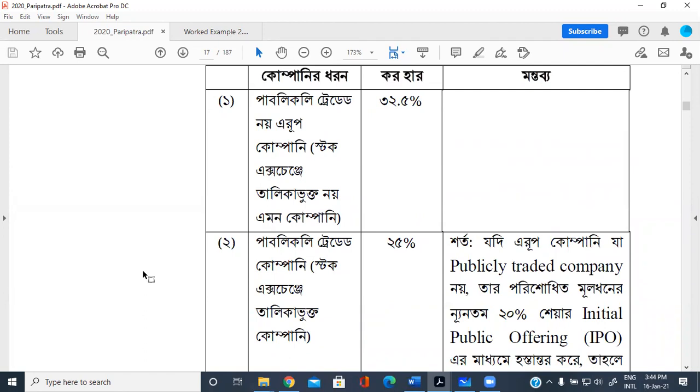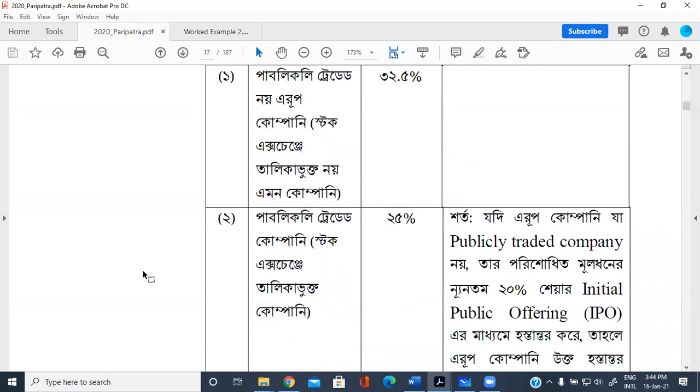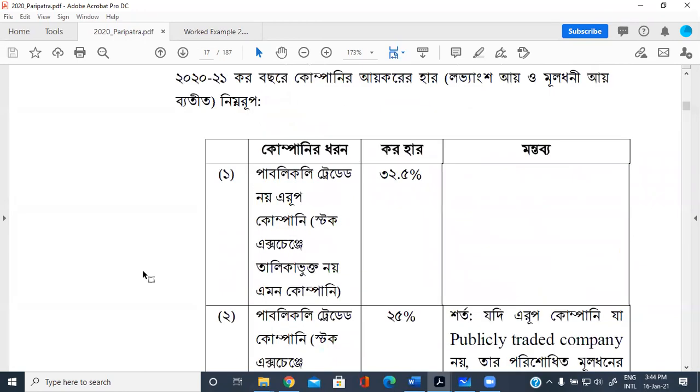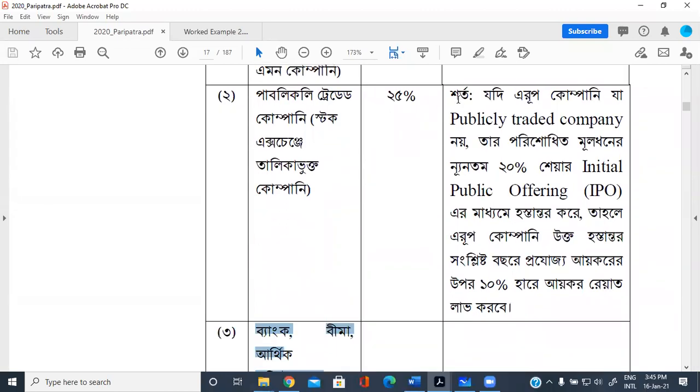We would say about Robi later. Sir, is this 25% for how many years? It will continue unless NBR decides to change this rate. It is not applicable for a specific number of years. But there are some advantages which are applicable for a specific number of years.